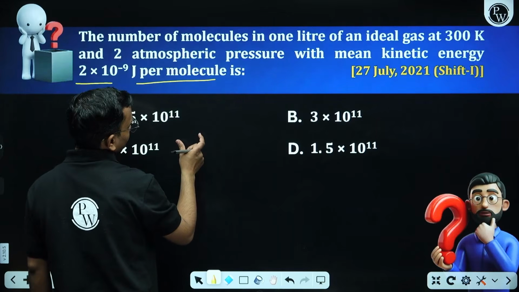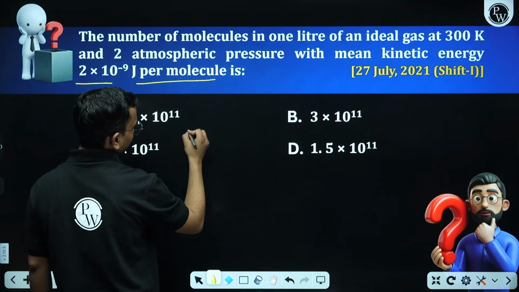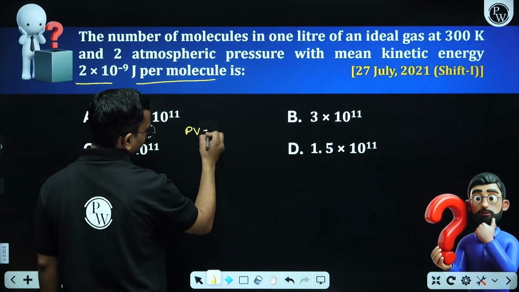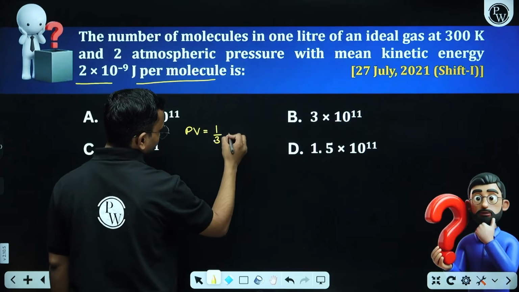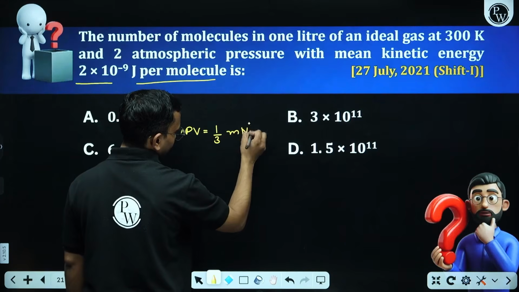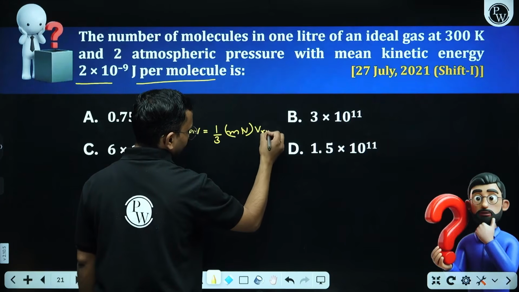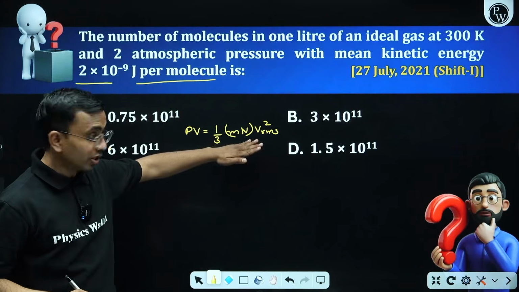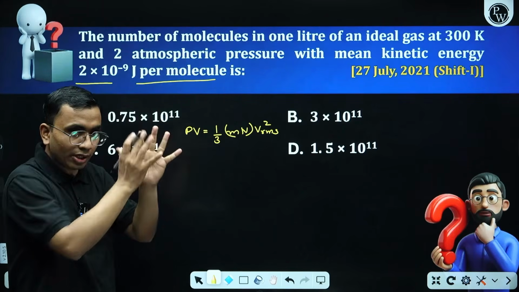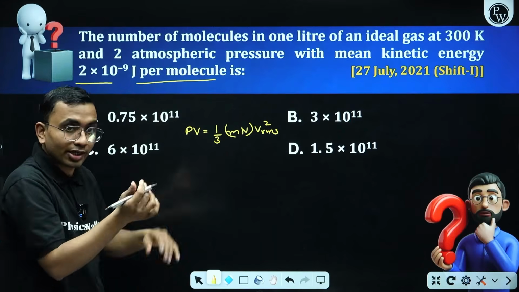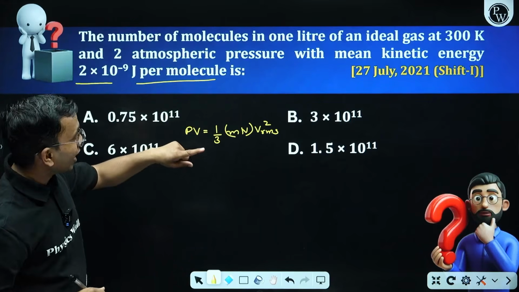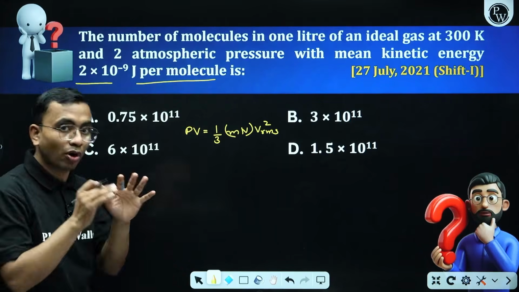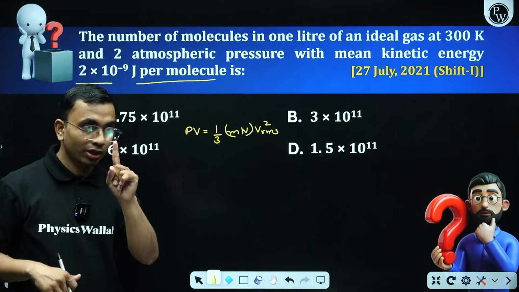We know that PV is equal to 1 by 3 m into N into VRMS square. This is the total kinetic energy, half of m into N into VRMS square. Here mean kinetic energy means on an average the kinetic energy of one molecule he is talking about.